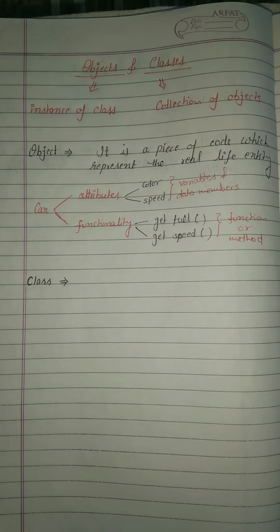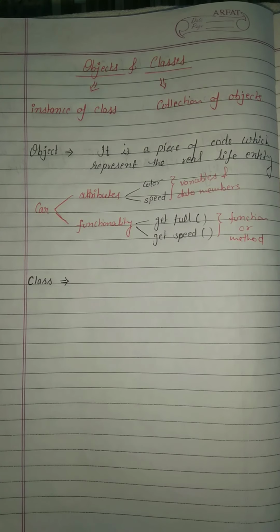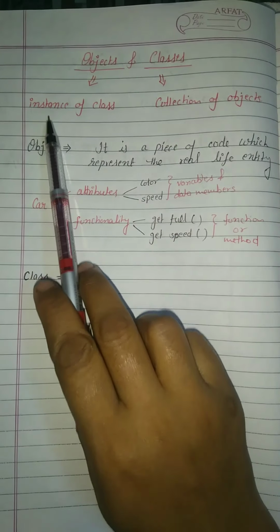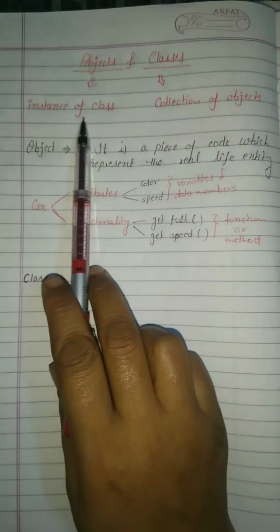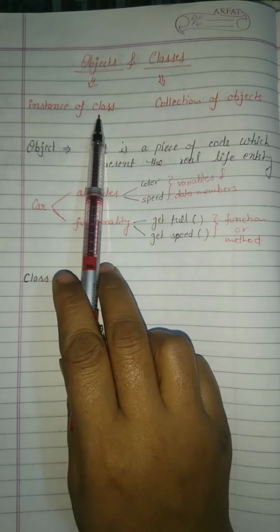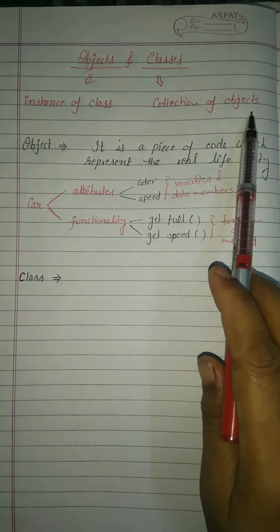So these are the main pillars used in object oriented programming languages. So what is an object? An object is nothing but an instance of a class, and a class is nothing but a collection of objects.